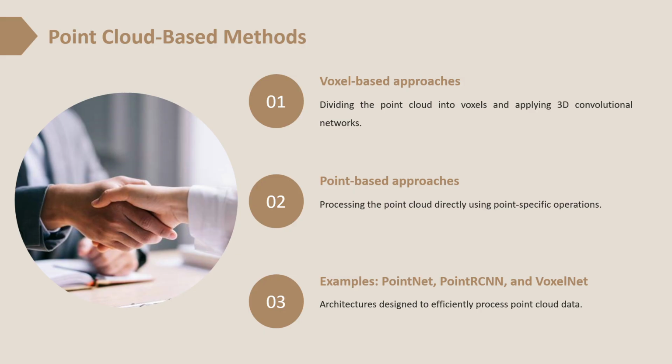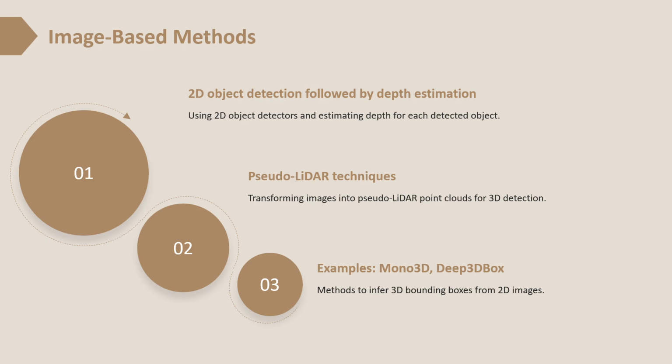First we apply point cloud methods to get the encoded data: voxel-based approaches, point-based approaches, and some deep learning based approaches. The voxel-based approach divides the point cloud into voxels and applies 3D convolutional networks. The point-based approach processes the point cloud directly using point-specific operations.